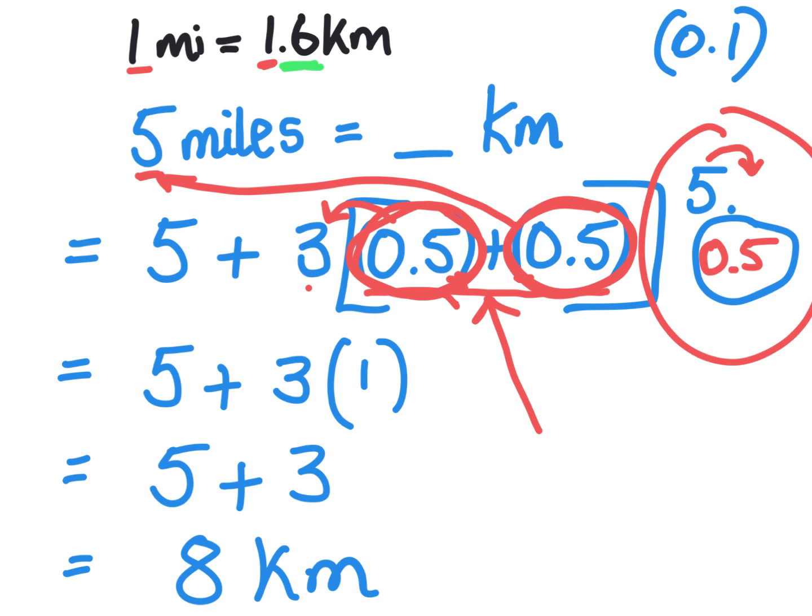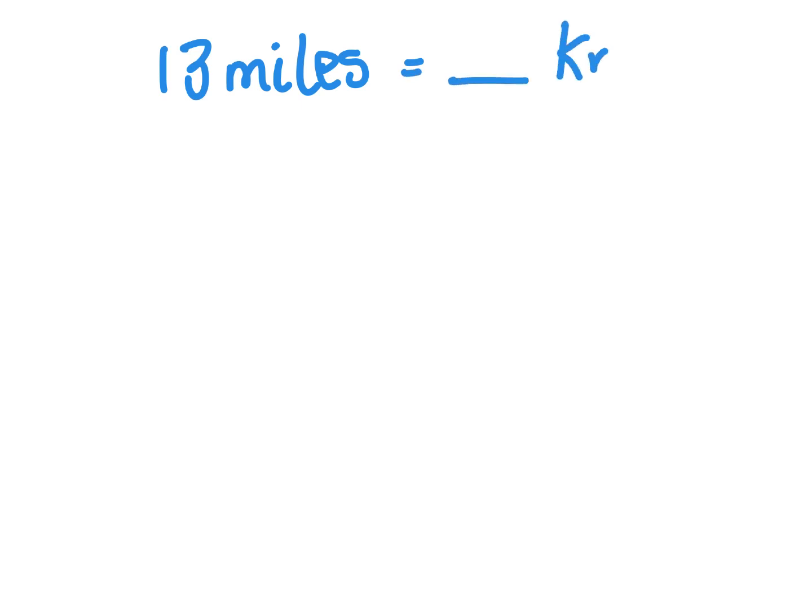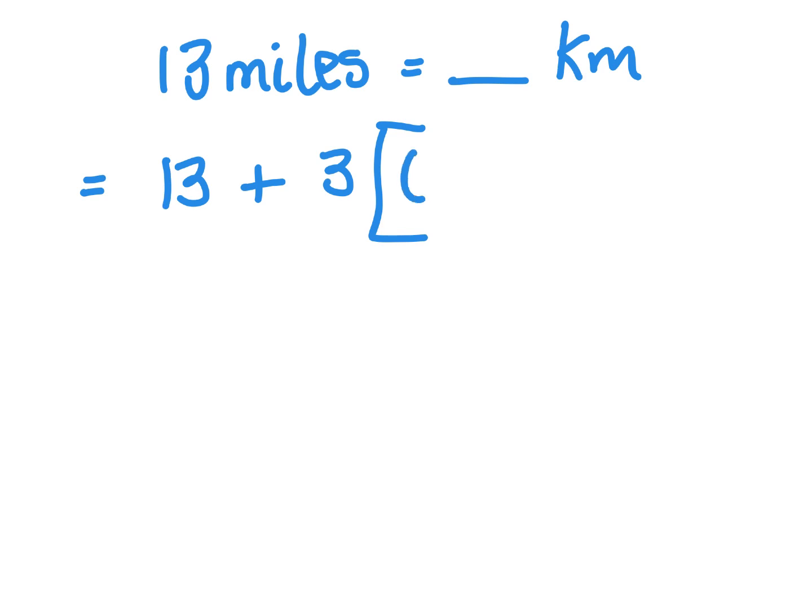All right, let's do another couple. Let's go with working out what 13 miles is. 13 miles equals something kilometres. So we start off with 13 and we add 3 lots of. Now we look at 13 and we think, right, we need to divide that by 10.